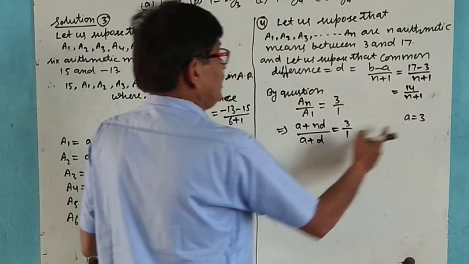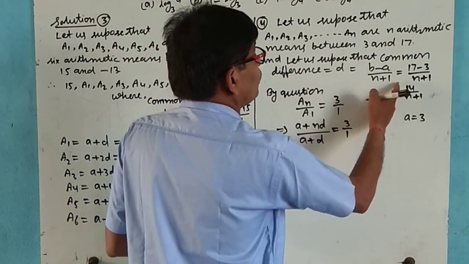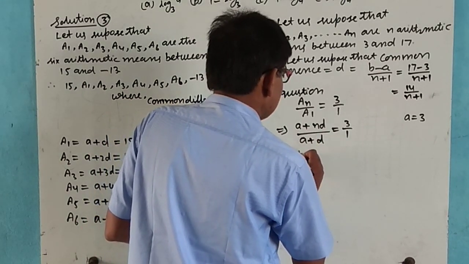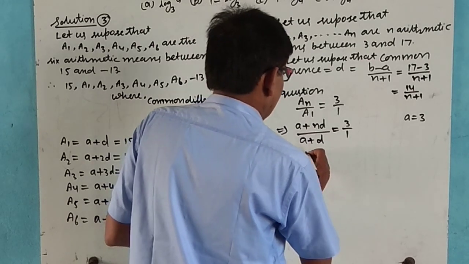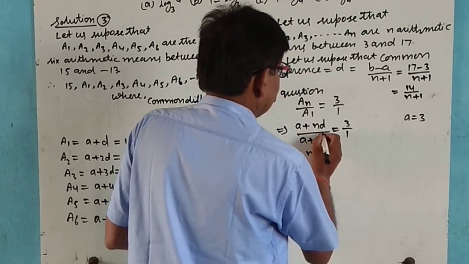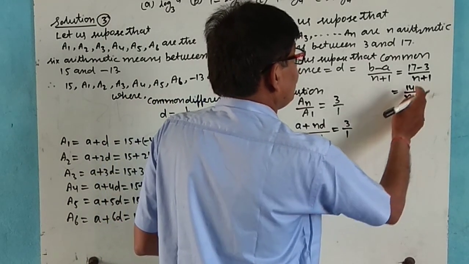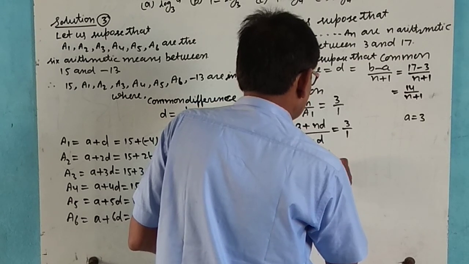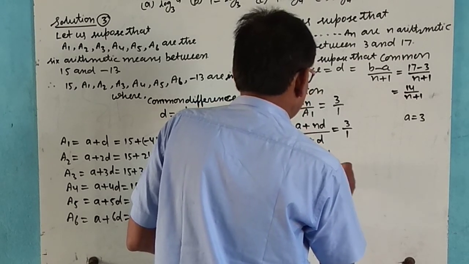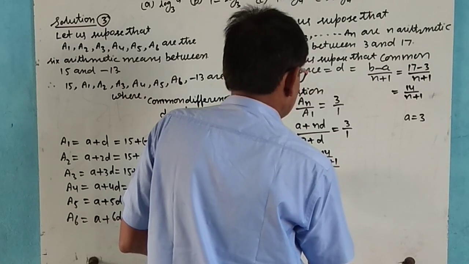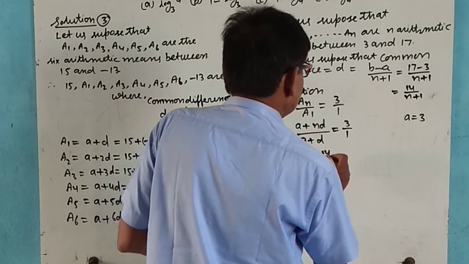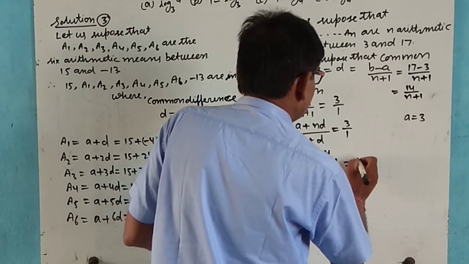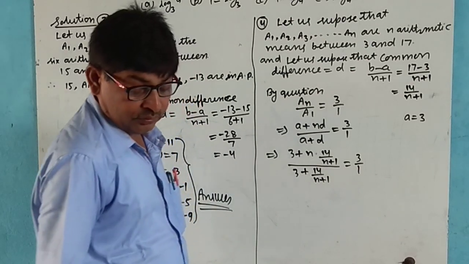Putting A equal to 3 and D equal to 14 by n plus 1, we get 3 plus n times 14 by n plus 1, divided by 3 plus 14 by n plus 1, equal to 3 by 1.